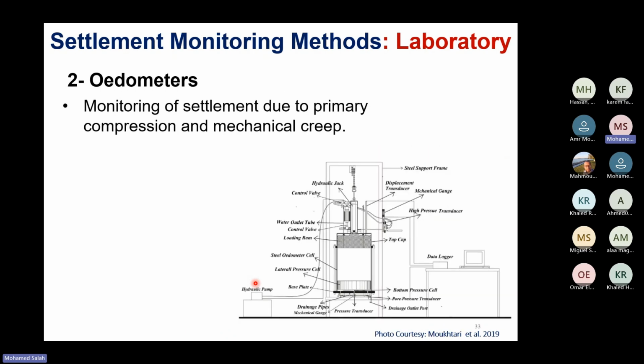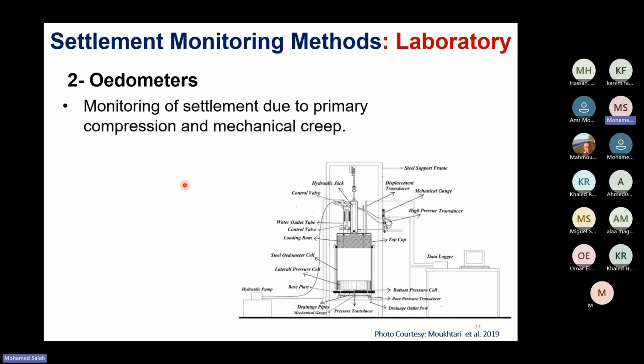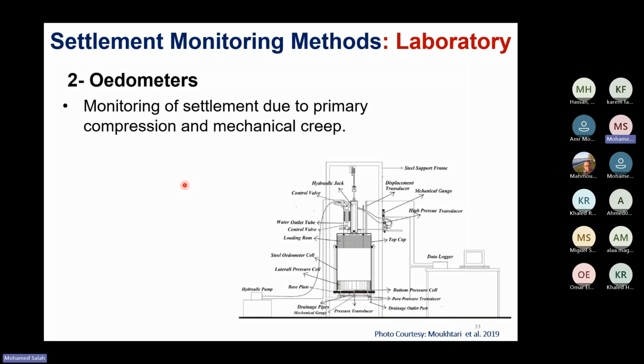The second technique is the odometer, and here it's more about only the primary compression and creep. If we are using odometers, we are dealing with the waste exactly as if it were a soil. We are concerned only with primary compression and mechanical creep, and we do not simulate or represent the biodegradation.